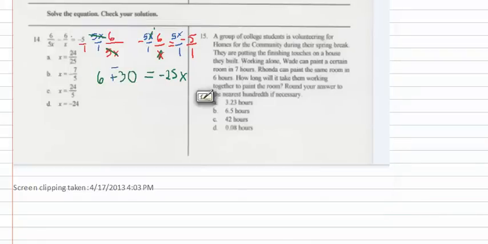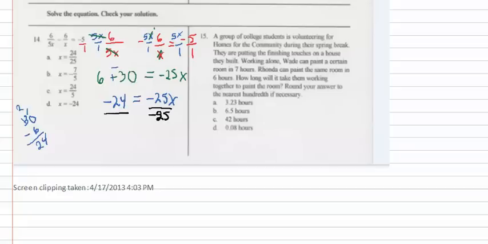So let's go ahead over here and go 30 minus 6, and it's going to be 24, but it's going to be negative 24 is equal to negative 25x. Next step, get x by itself, divide by negative 25 on both sides. This becomes just an x, and negative over negative is positive 24 over 25.